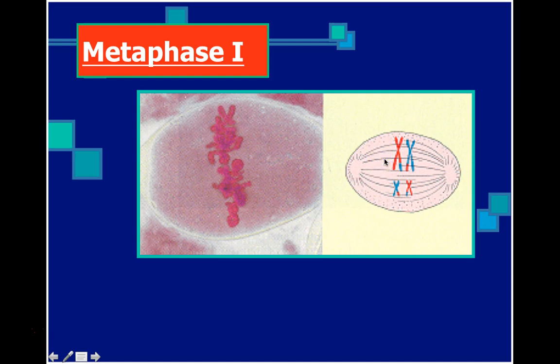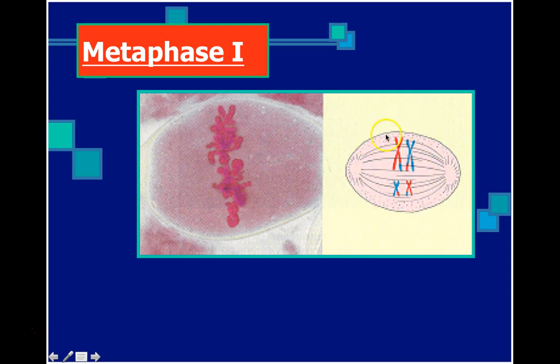Okay, moving on to metaphase 1. Everything we've been talking about so far has been all about prophase 1. Prophase 1 is super important in terms of crossing over, in terms of the homologous chromosomes finding each other, forming tetrads and synapsis. But now, once all of that has occurred, they just simply have to line up. And remember, they're not lining up as chromosomes, they're lining up as homologous pairs.